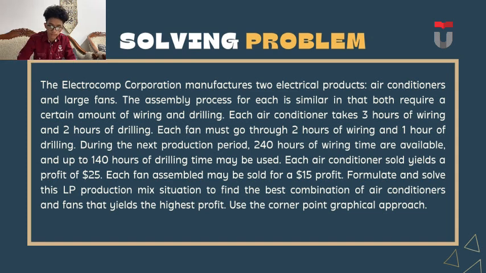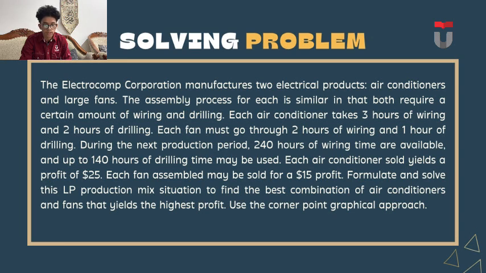The question is, Electrocom Corporation manufactures two electrical products, air conditioners and large fans. The assembly process for each is similar in that both require a certain amount of wiring and drilling. Each air conditioner takes 3 hours of wiring and 2 hours of drilling. Each fan must go through 2 hours of wiring and 1 hour of drilling.